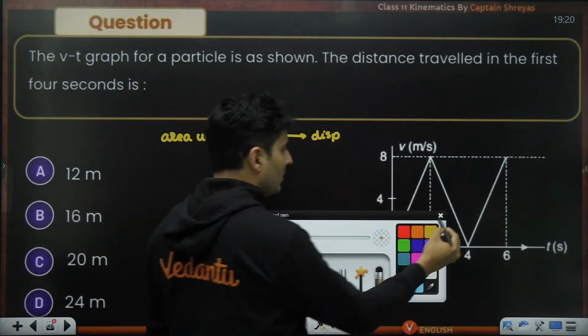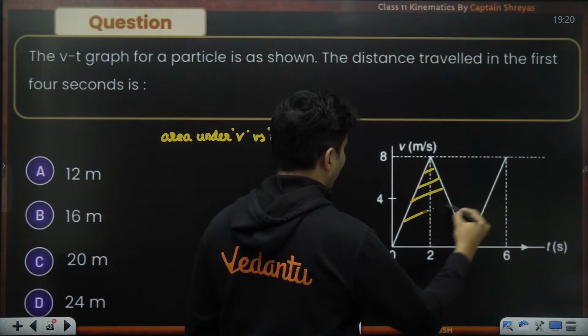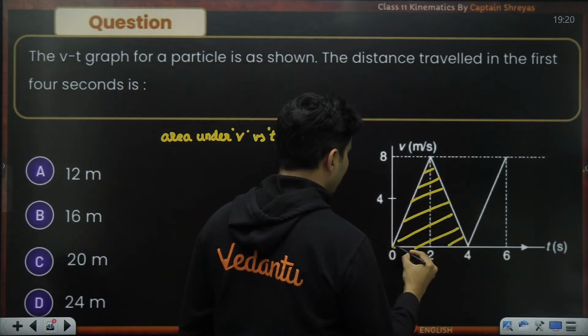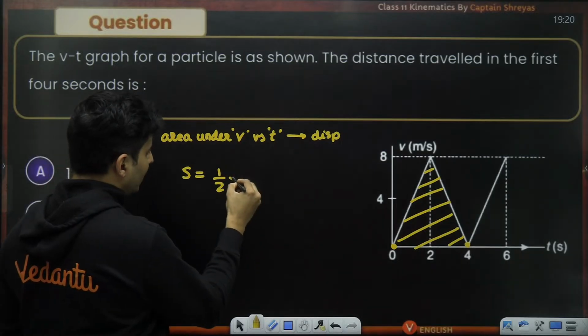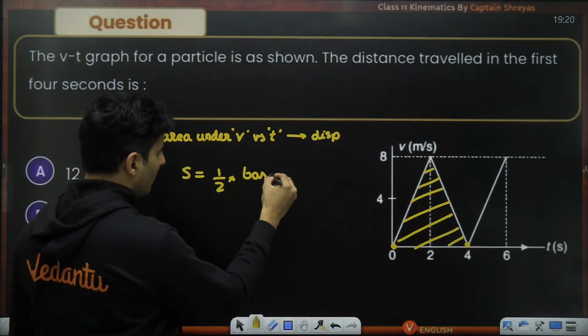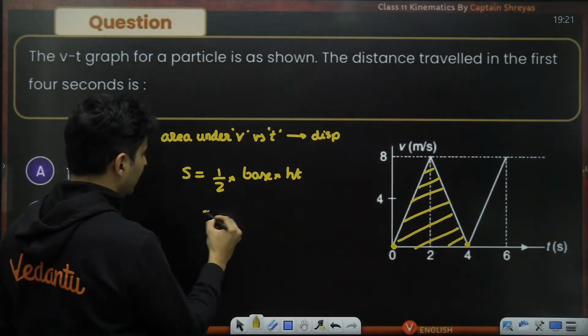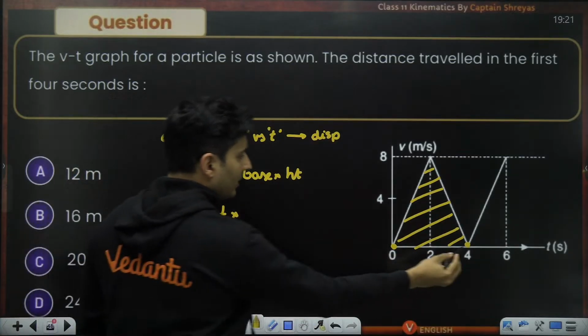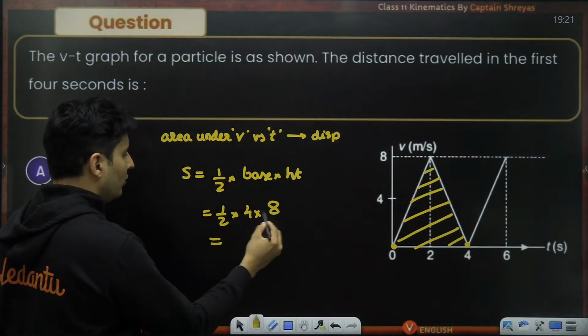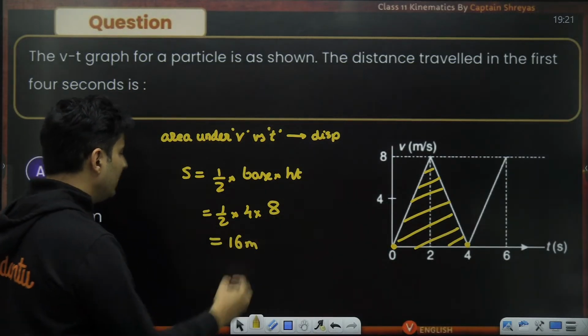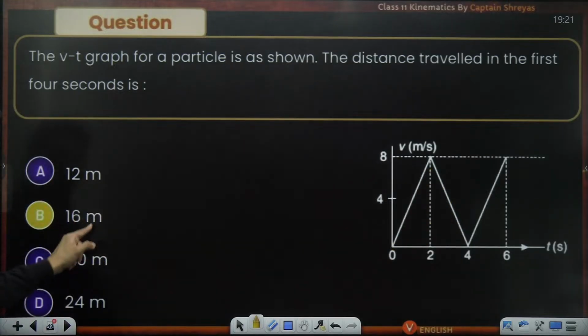We just need to figure out the area between 0 and 4. It's a triangle, right? Half into base multiplied by the height. The base is 4 units, the height is 8. 8 by 2 is 4, 4 fours are 16. So 16 meters is the displacement, which is option B.